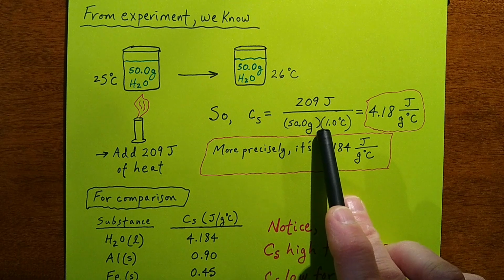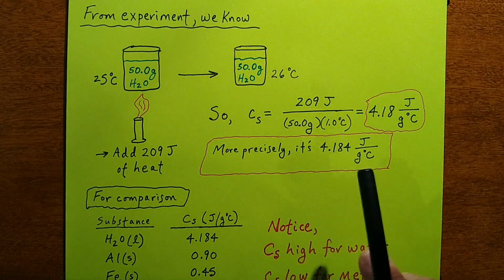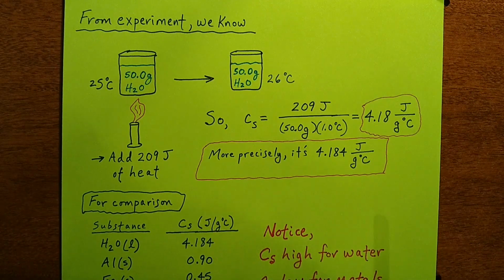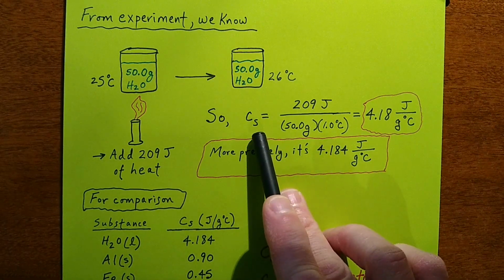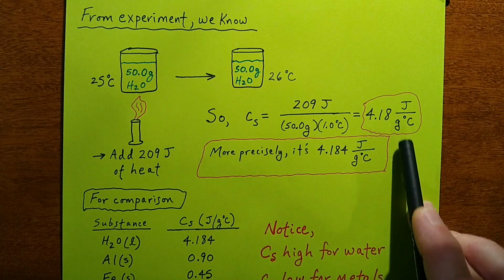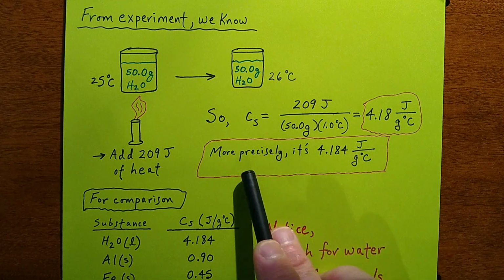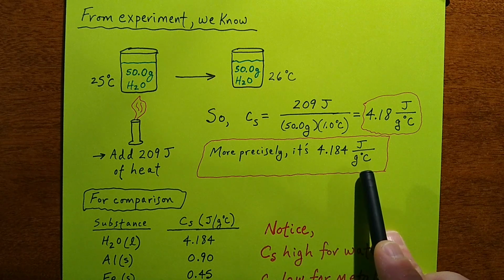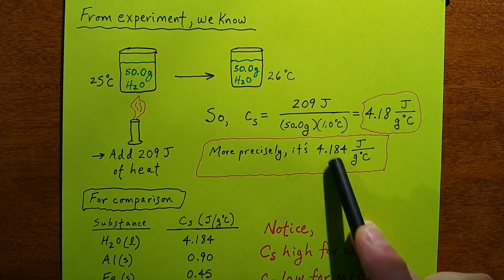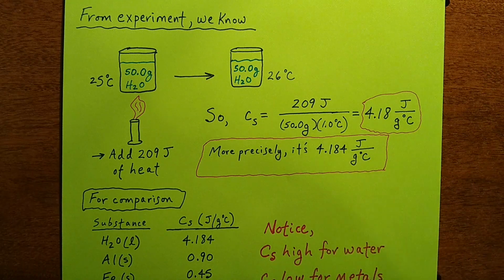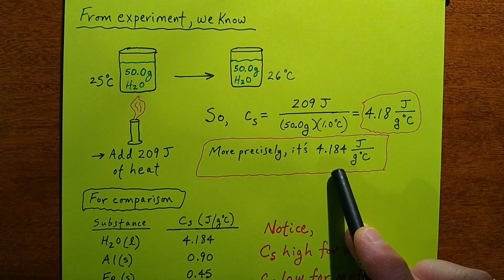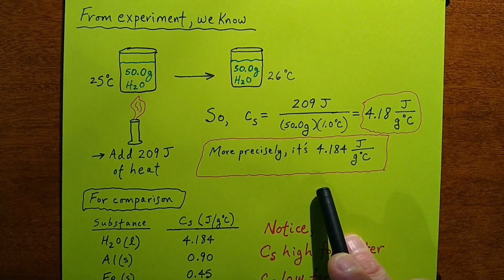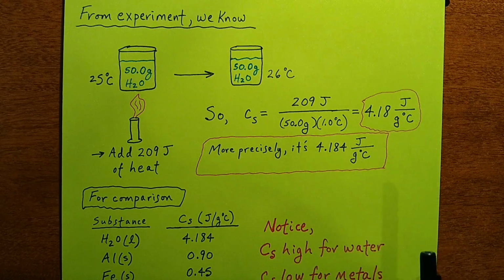If you plug those values into this equation, you can calculate that the specific heat of water is 4.18 joules per gram degrees C. More precisely, it's been measured to be 4.184 joules per gram degrees C. I looked on Wikipedia, it's slightly different from that, but this is the number that we always use in chemistry class, so this is fine for us. I'd like you to use this number, 4.184 joules per gram degrees C.